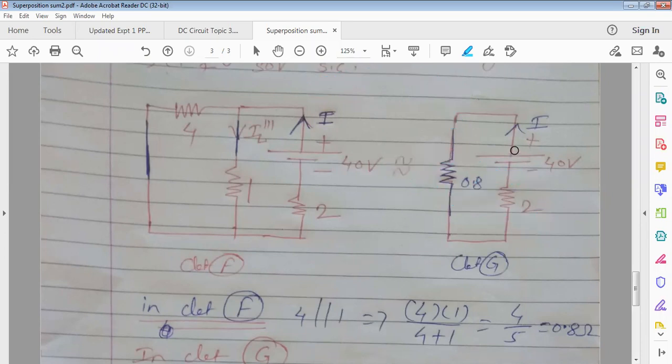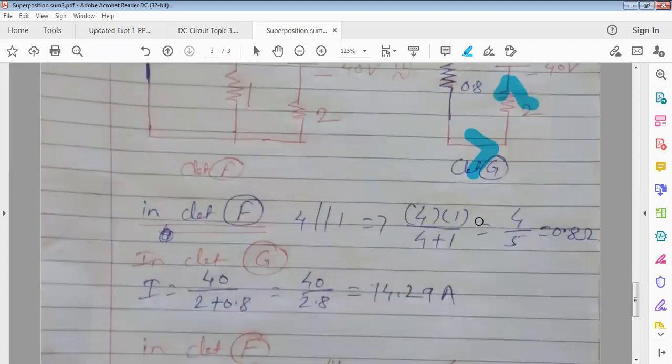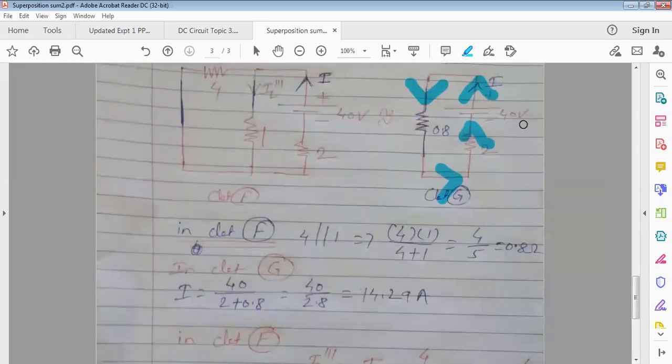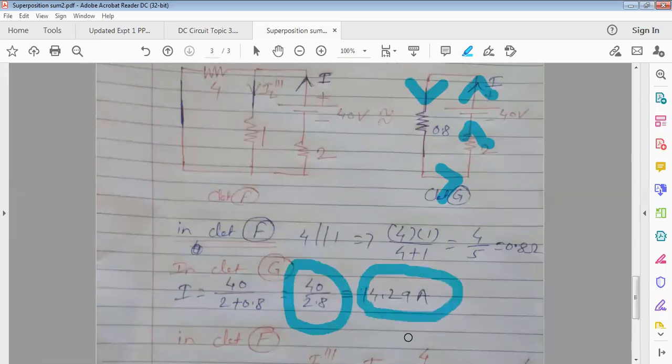So all of you can see here, again I'll use the conventional direction of flow of current. The same current is flowing through 2 and 0.8. Means how are they connected? Series. So in series, 2.8 is the total resistance. Total voltage you know, 40 volt, divided by 2.8 is the total current.